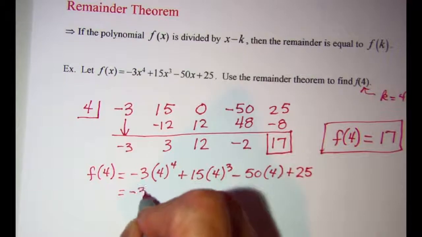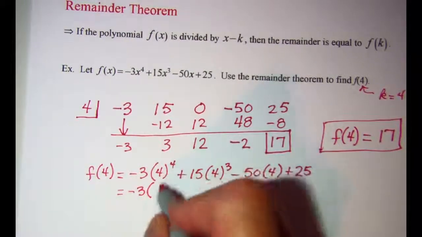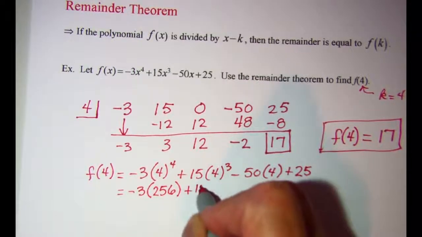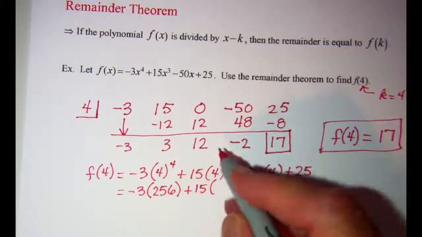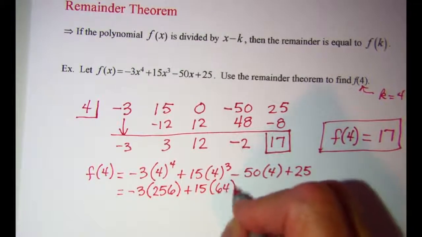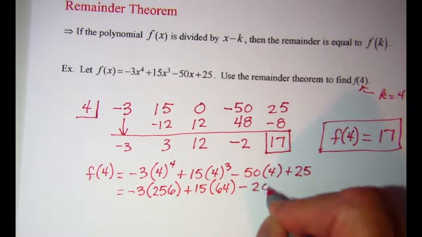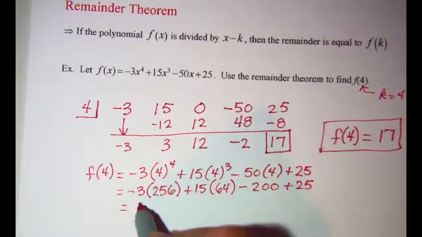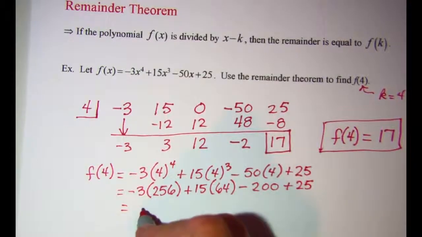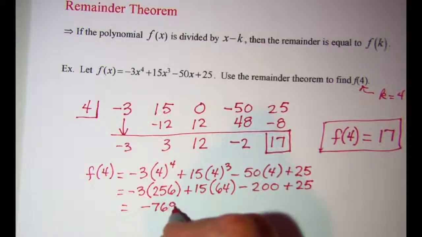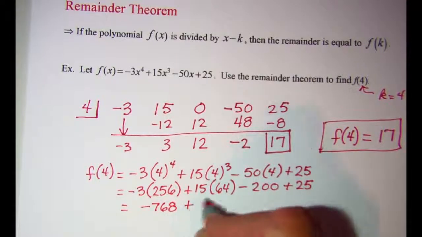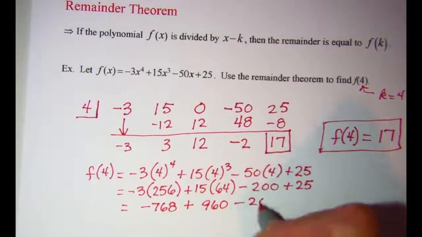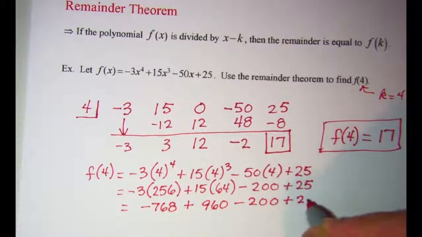This is negative 3 times 256 plus 15 times 64 minus 200 plus 25. Negative 3 times 256 is a negative 768. 15 times 64 is 960 minus 200 plus 25.